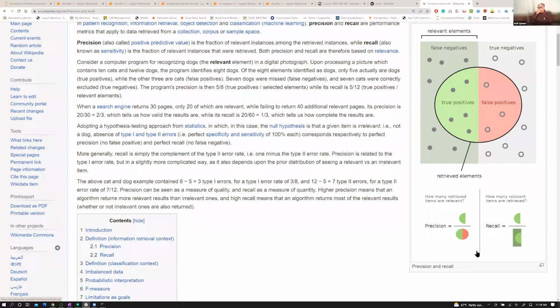So if your precision is high, you will have a low false positive rate, right? It's precise: when it calls something positive, it quite likely is positive. Recall, on the other hand, is the proportion of the positives that it found compared to all the positives. How many positives did it find?